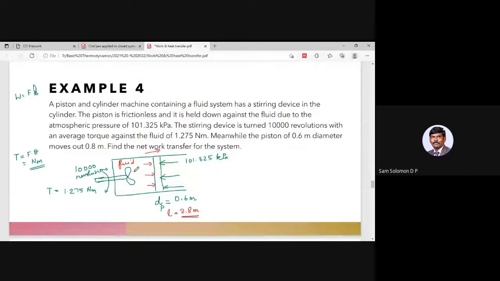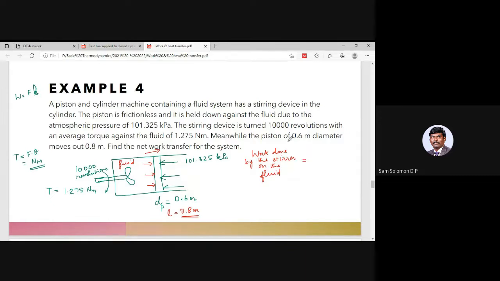You should remember that gas occupies a larger space, and when I do work on it, I'm actually adding energy into it. Okay, so in this case, the work done by the stirrer on the fluid.